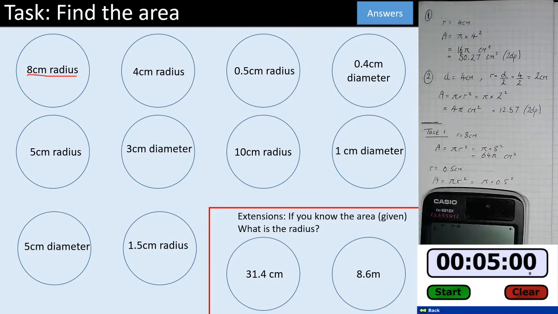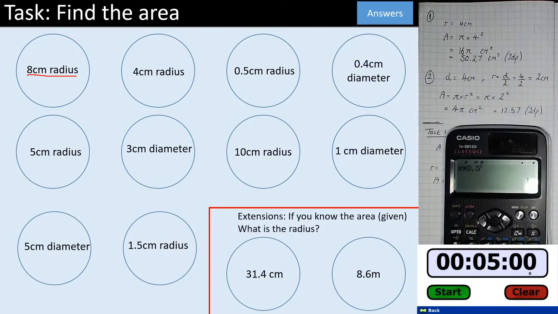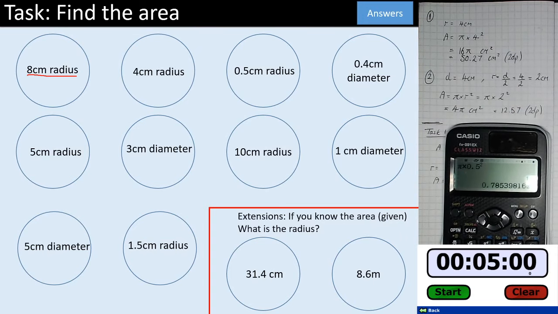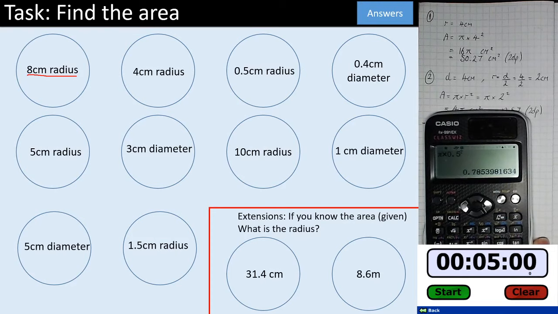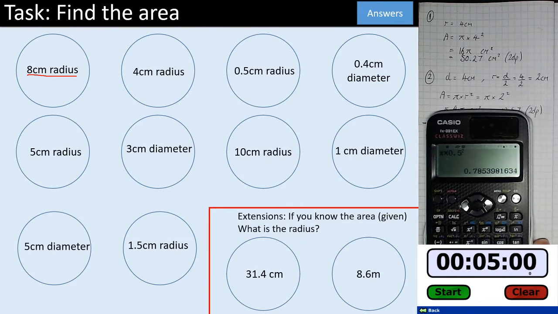Now on our calculator, we can literally just type in pi times 0.5 squared, and we'll get our answer. It says 1/4 pi. And we can ask for a decimal, if we prefer, and it gives us 0.785.